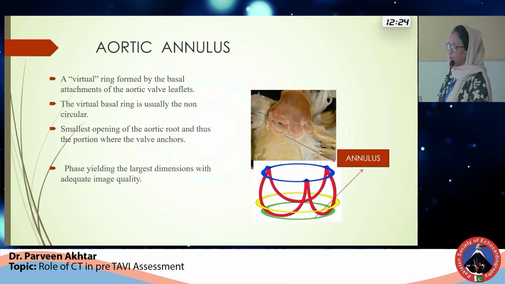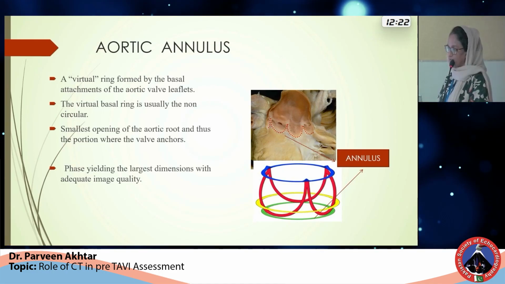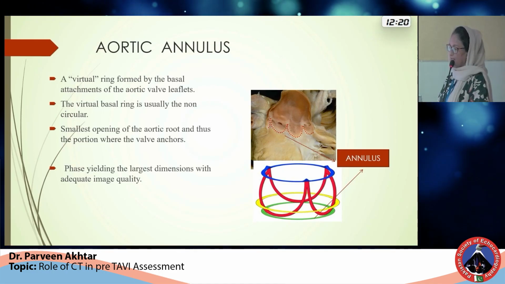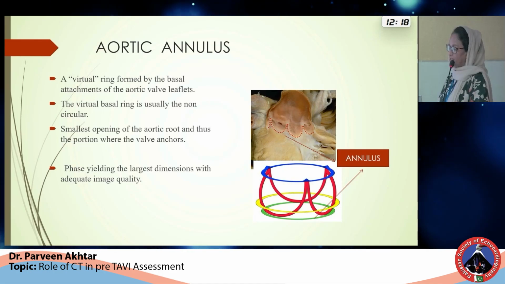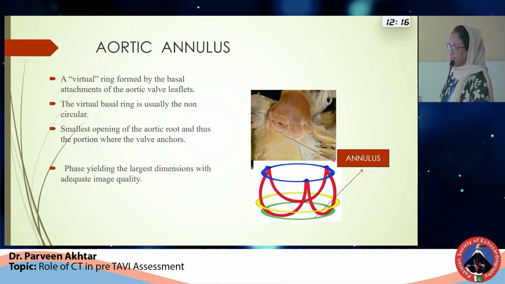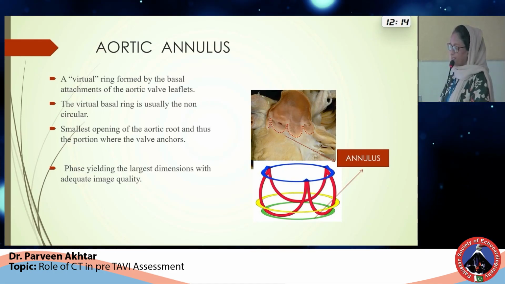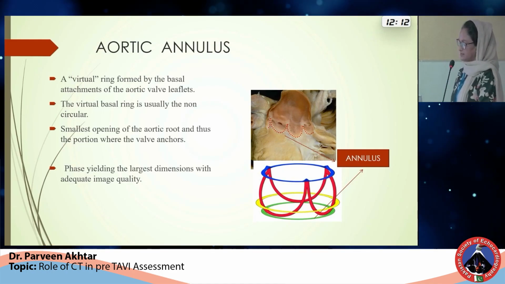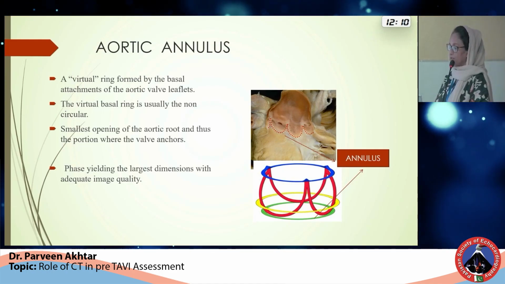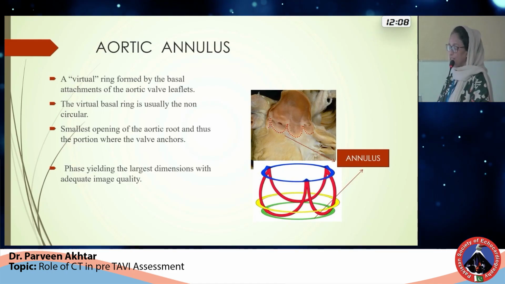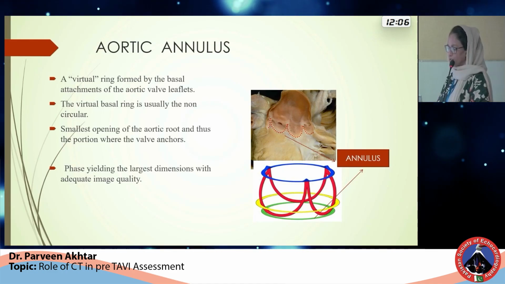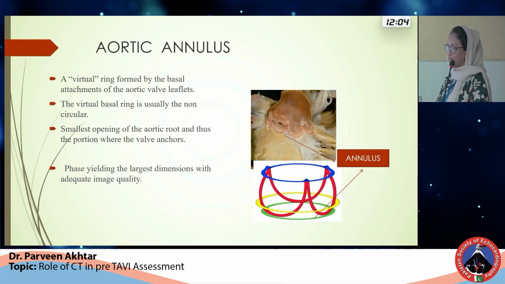Then the aortic annulus, which is the mainstay of the cardiac CT, and it is defined by the virtual ring formed by the basal attachment of the aortic valve leaflets. This annulus is usually non-circular. This is the smallest opening where the valve anchors.